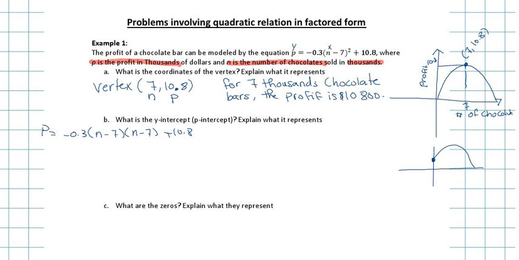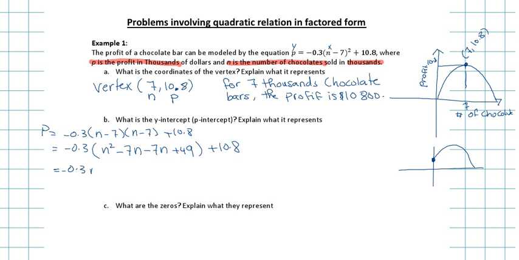So I have to FOIL. n times n is n squared. n times -7 is -7n. -7 times n is -7n. And then plus 49 plus 10.8. Distribute the -0.3 in.